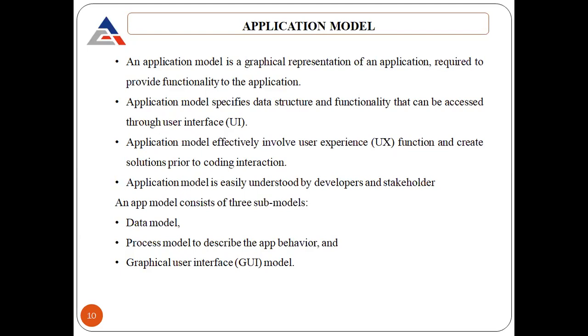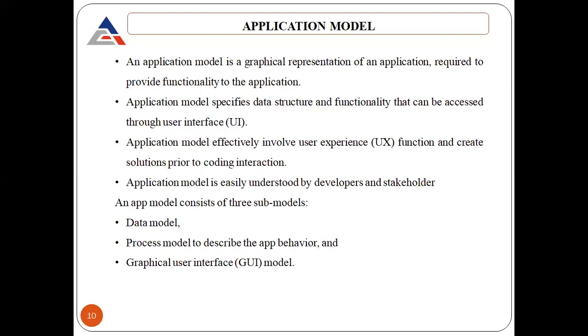So the application model effectively involves user experience, function, and creates a solution prior to coding. If the experience of the user is not good, then the developer will definitely find a solution as to why the user is not getting a good experience, or why the user is having a problem while accessing the mobile application. So the application model is easily understood by developers and stakeholders.